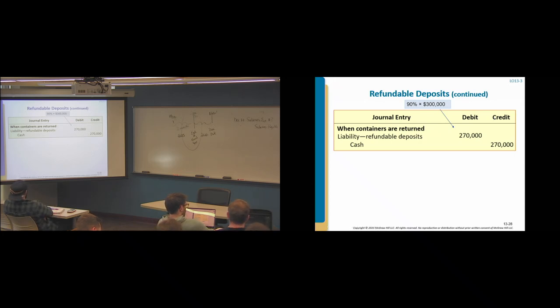So of the 300,000 I collected, 90% of that's 270. Now I'm sending back my customers $270,000, reducing the liability by the same amount. How much is in my liability account right now, though, at this point? 30,000, right?